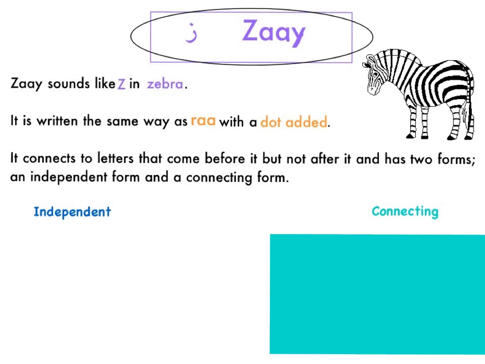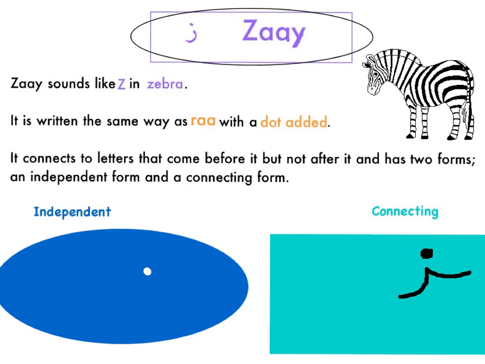Connecting form, we write it like this, and it gets connected to the previous letter with this line. Independent form, it is written like this. So the word has za in the connecting form. In independent form, we have the word res.